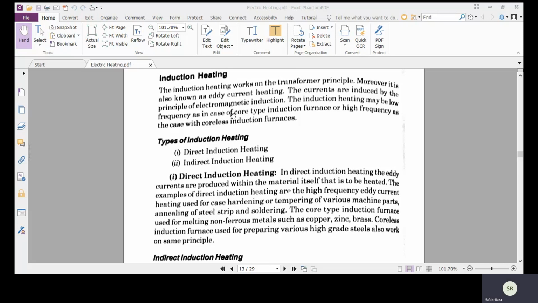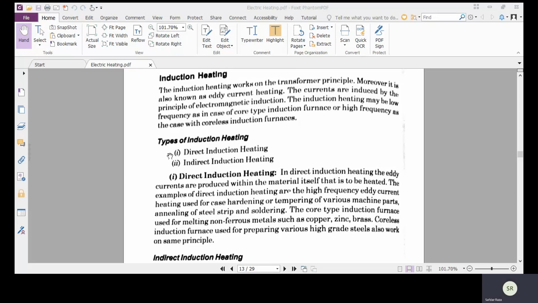Induction heating may be low frequency, as in the case of the core type induction furnace, or high frequency, as in the case of the coreless induction furnace. On the basis of frequency, we can divide induction furnaces into two types: one is the core type and the other is the coreless type.